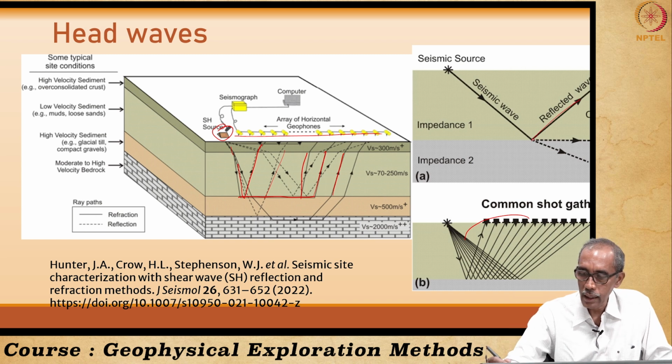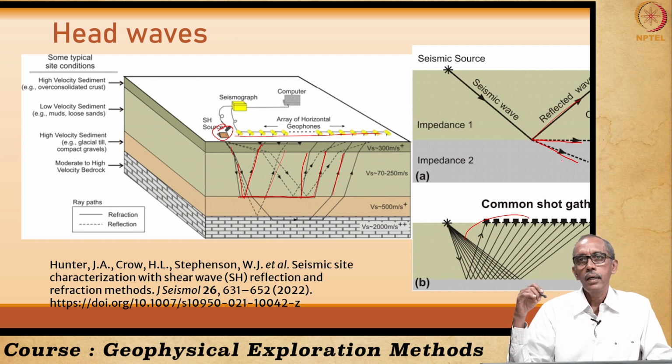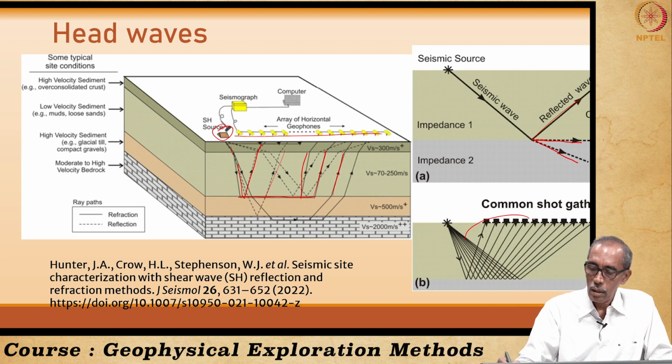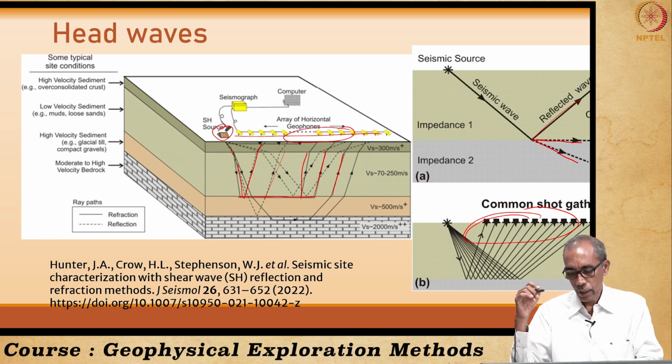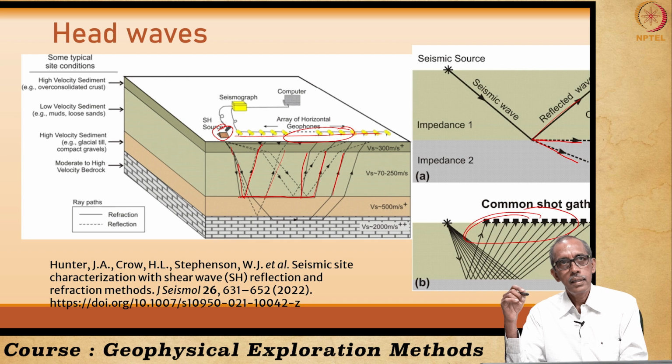If it meets at critical angle, it is totally internally refracted. If it meets at an angle greater than that, it is internally refracted and passes through the next layer, isn't it? So, this is what is happening. So, you have both reflected as well as refracted rays reaching the surface, but now we are going to focus on looking into the refracted signals.